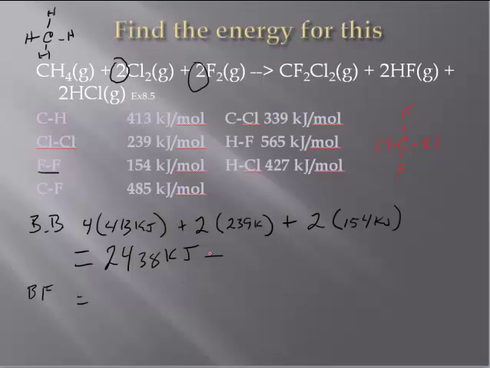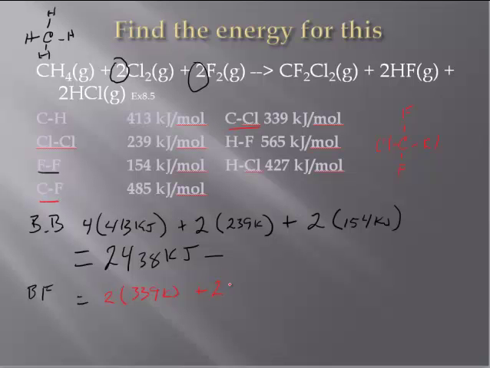So here we go. Let's start adding up the bonds formed. We've got 2 CCl bonds here. So let's find that. That one's right there. So we've got 2 times 339 kilojoules. Plus, I've got 2 CF bonds. Where's that? Here it is.